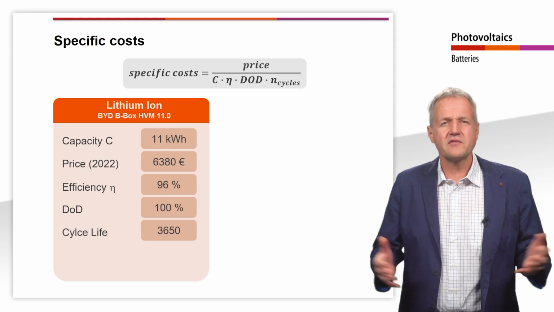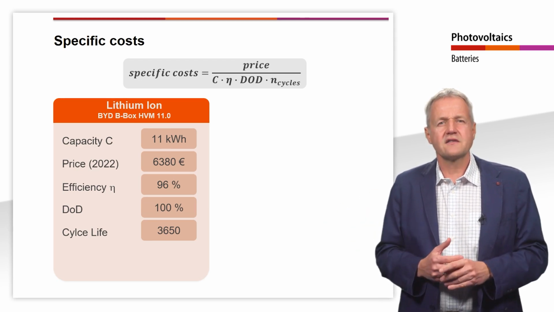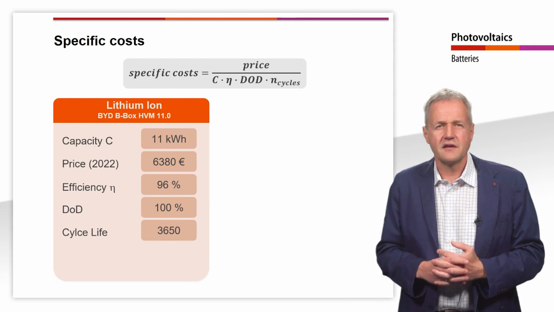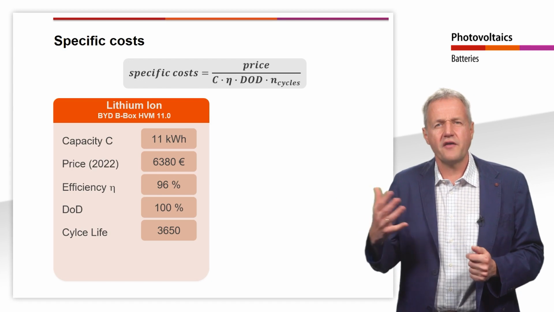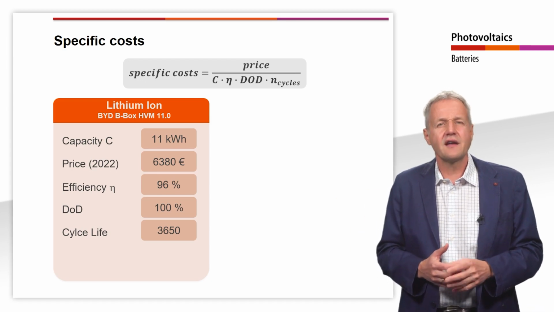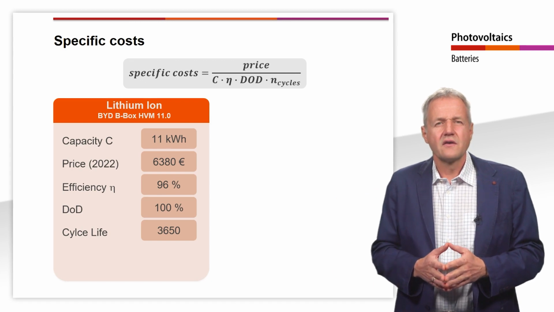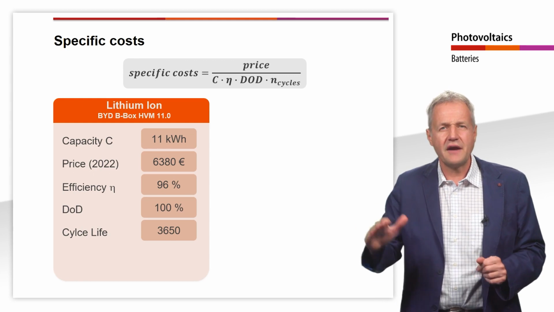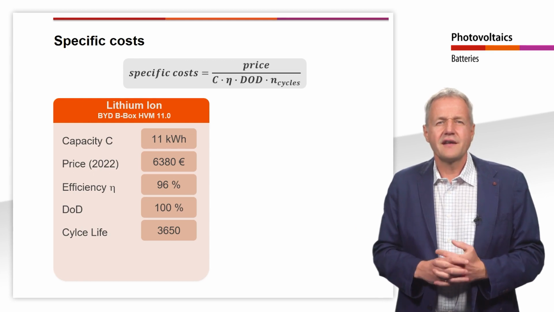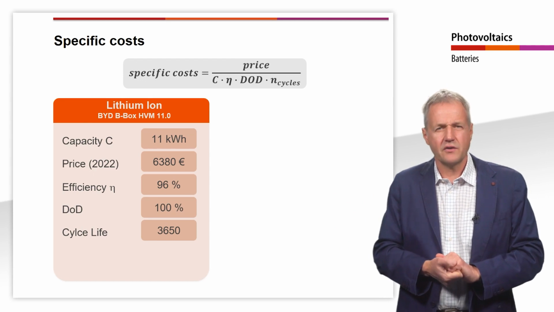The manufacturer specifies the service life as 10 years at one full cycle per day. We thus assume a discharge depth of 100% and a cycle life of 3,650 cycles. We disregard the decrease in capacity over the lifetime here. For an exact consideration, this would of course have to be taken into account.